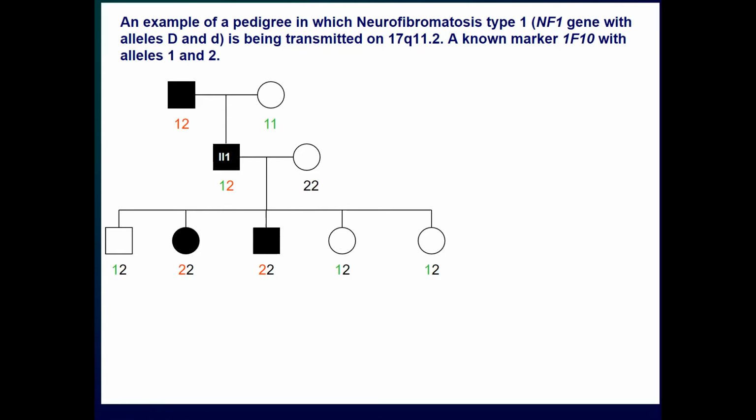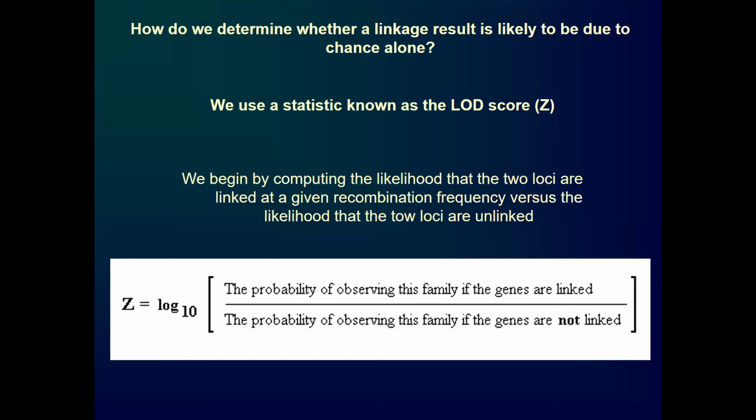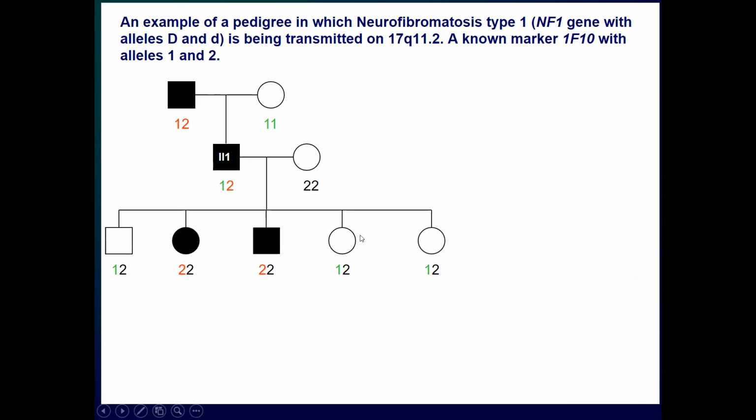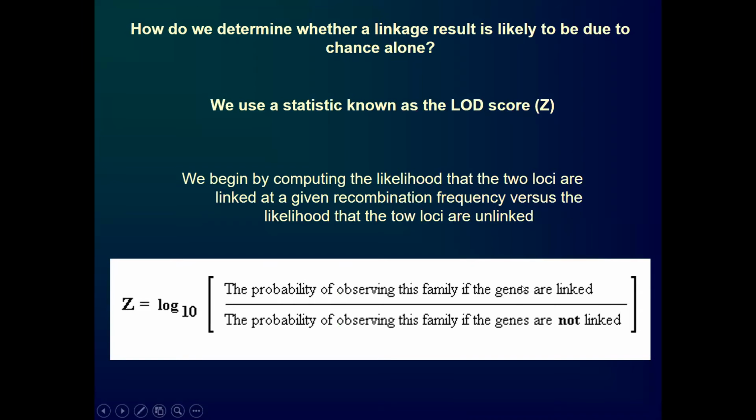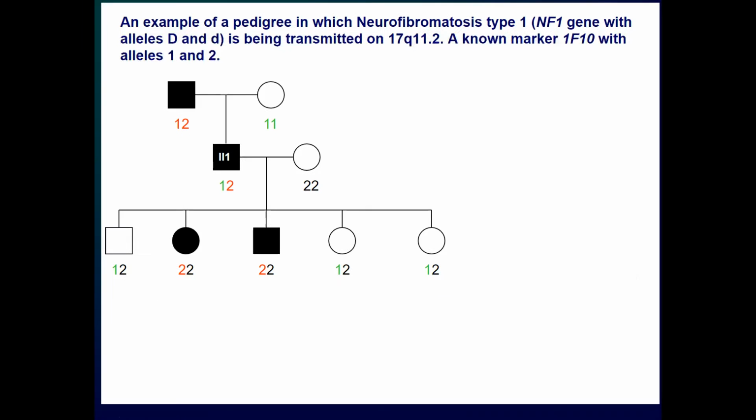So let's estimate the LOD score, this ratio: the probability of observing this family here, if the gene with alleles capital D, small d is linked with the IF10 marker, divided by the probability of observing the very same family if these 2 are not linked.